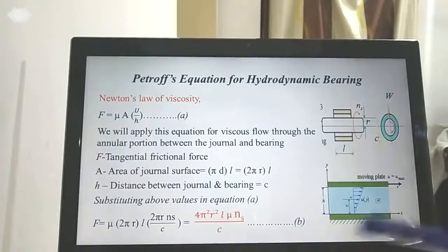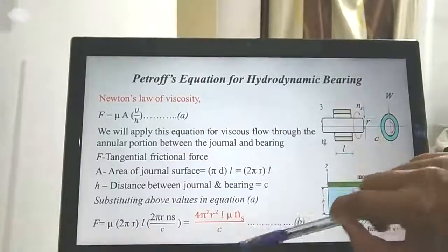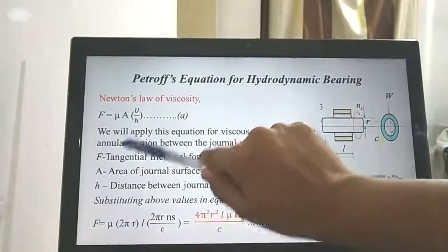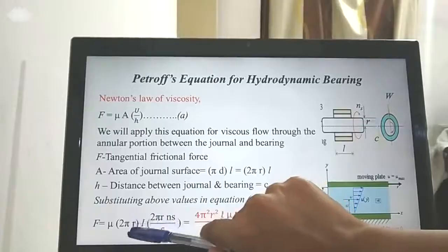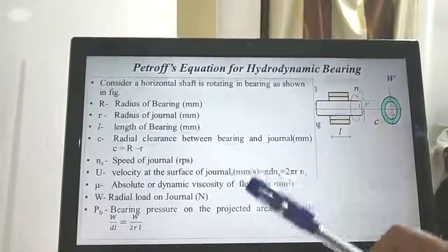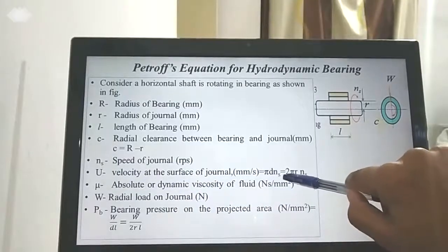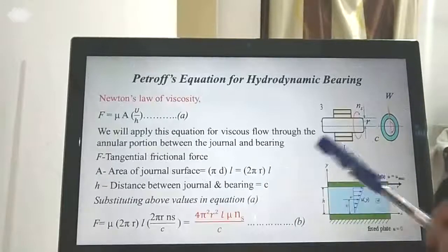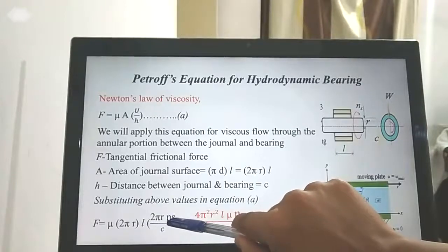Then substituting these values in equation A, what do we get? F is equal to mu, the absolute viscosity, then area, 2 pi r L. Then U is equal to 2 pi r ns, so instead of U we put 2 pi r ns.